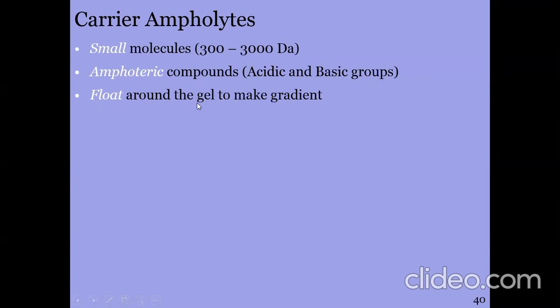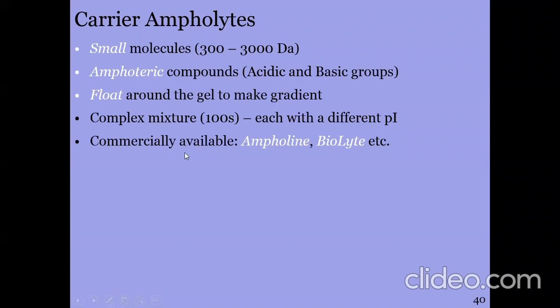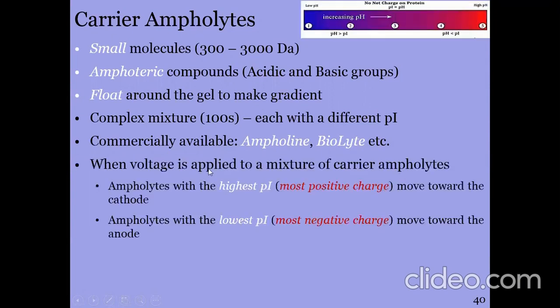They float around the gel to make the gradient. Complex mixture, that is hundreds in number, so we have a mixture of these ampholytes actually, each with different pI. So at different pI, they will stop actually. Commercially available, like there are some examples, Ampholine, Biolyte, etc. They are commercially available carrier ampholytes.